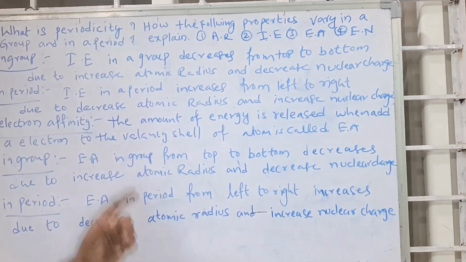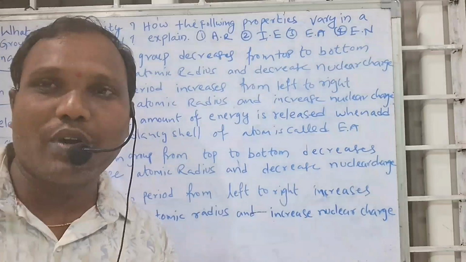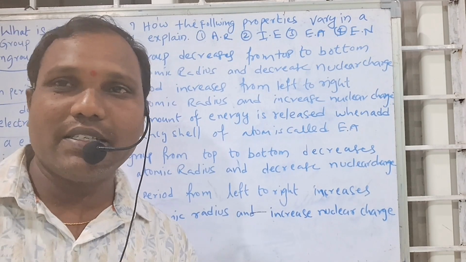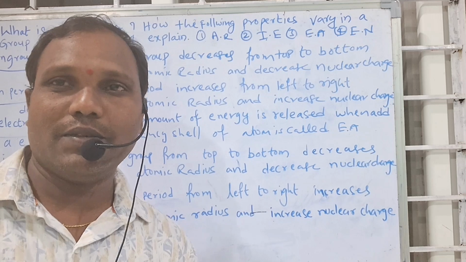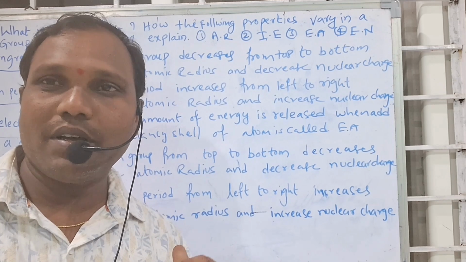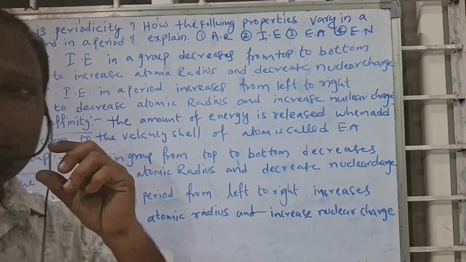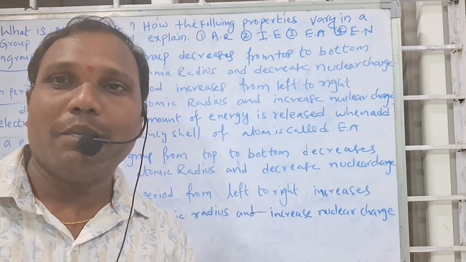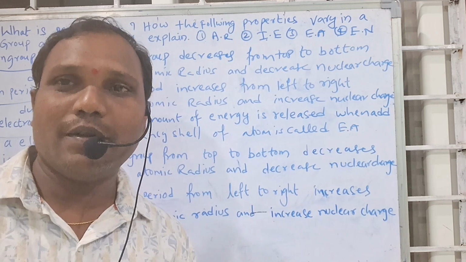In periods, ionization energy increases from left to right because of decreasing atomic radius and increasing nuclear charge.